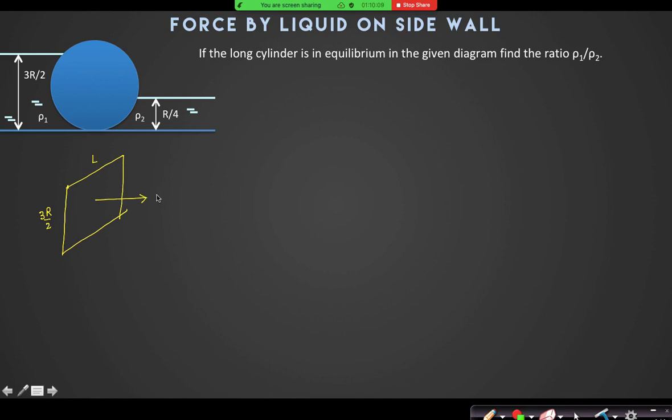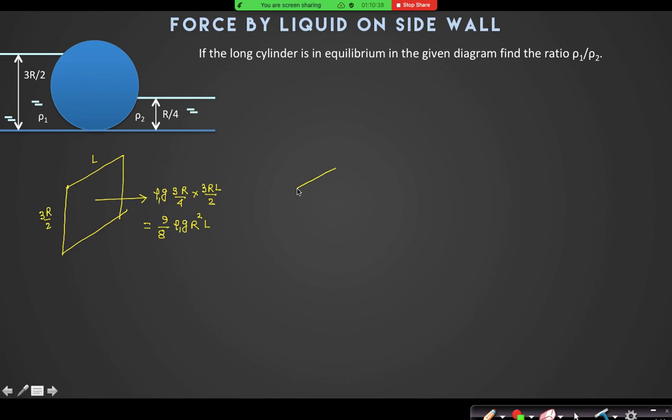The force will be rho g 3r by 4 into 3r L by 2, which is 9 by 8 rho g r square L. Yes, sir, 1 by 36 is coming. It is rho 1.